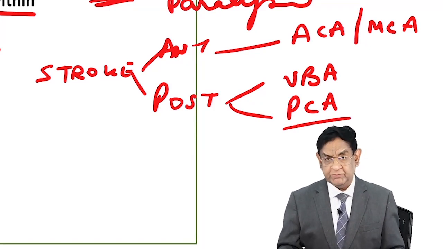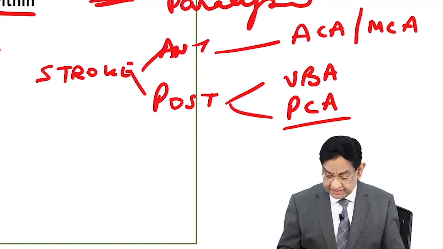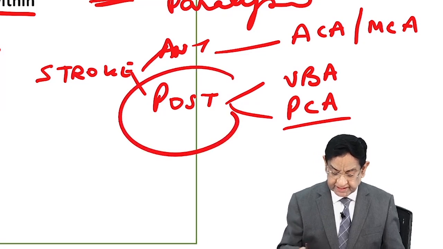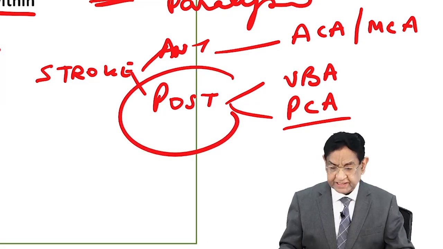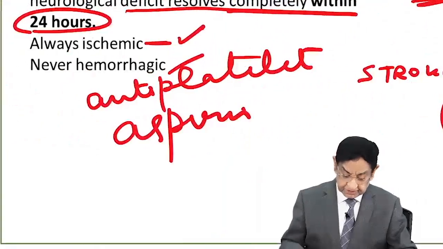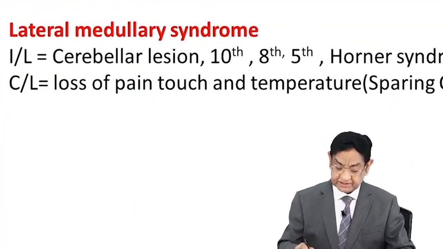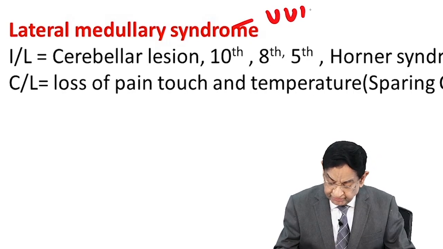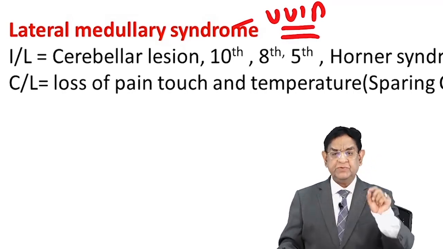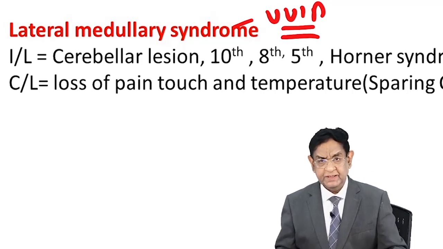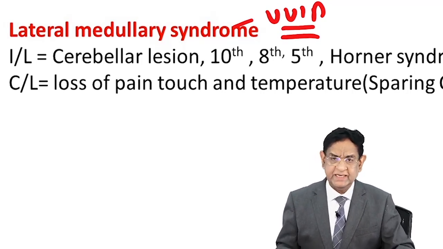At the moment, we will learn about the posterior circulation, and later we'll talk about anterior circulation. In the posterior circulation, the single most important is lateral medullary syndrome. This is one of the most VVIP topics. This question comes throughout the world, but you will never understand it unless you know the anatomy.